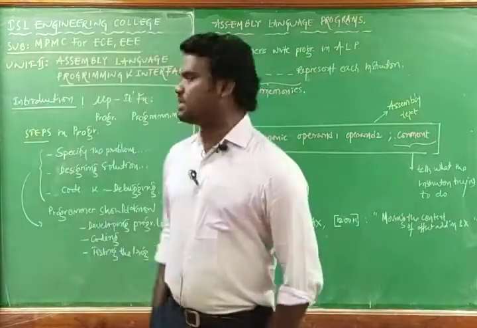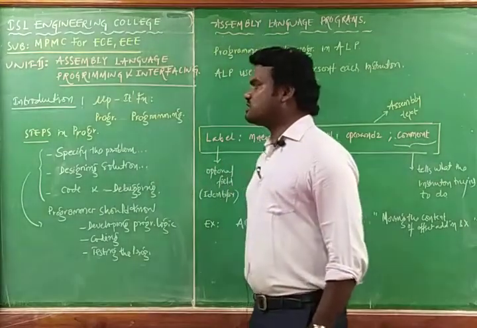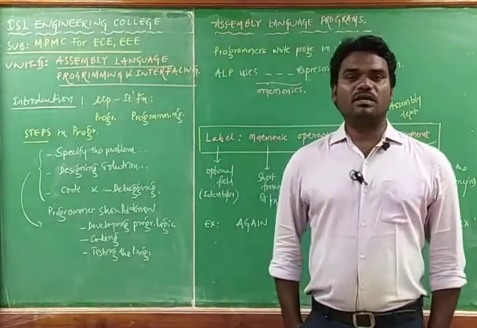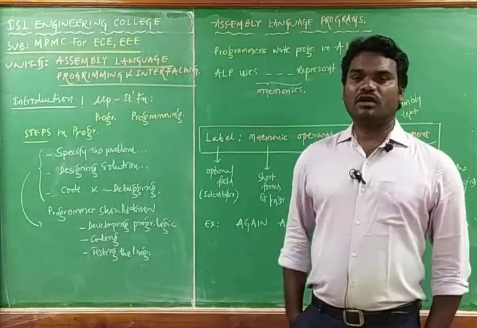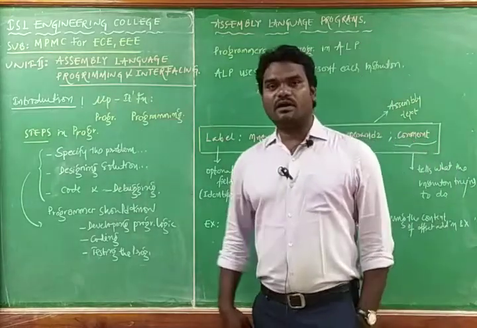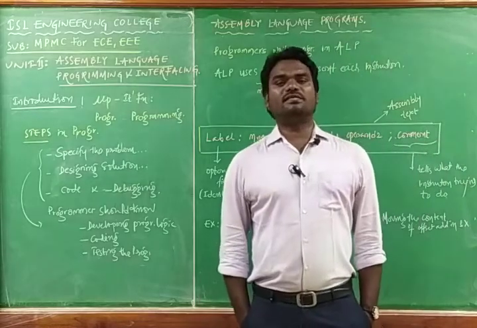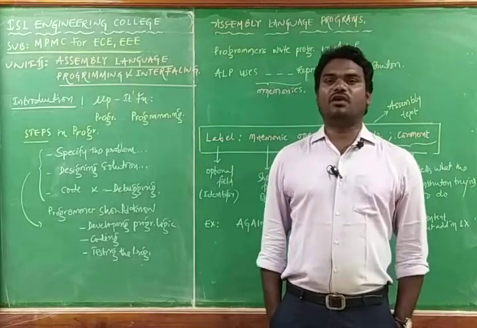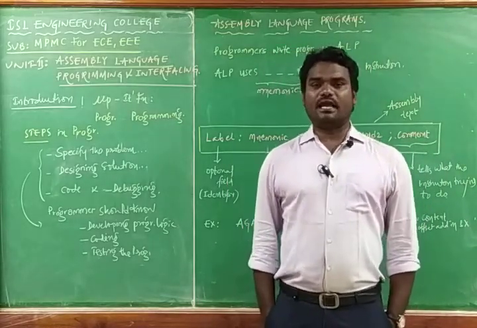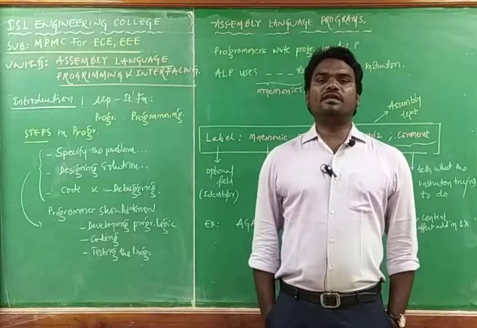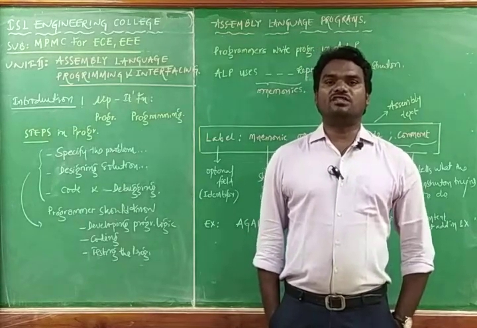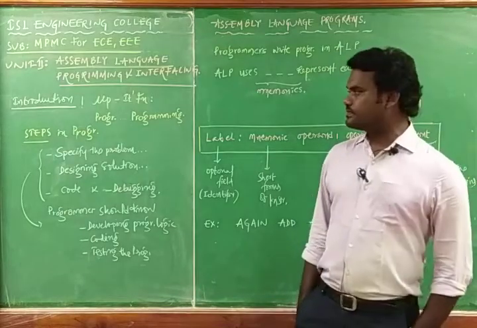How those devices are interfaced with the 8086 microprocessor to accomplish a specific function, we are going to discuss as the second part of the second unit. First part is how to write assembly language program for the 8086 microprocessor. Second part, how the input output devices can be interfaced with the 8086 microprocessor.